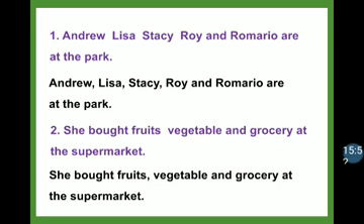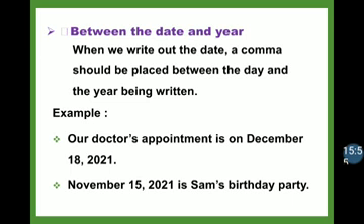Alright, let's move on. Then we're looking at rule number 2. Rule number 2 says, between the date and year. So, when we write out the date, like we normally do in class, a comma should be placed between the day and the year being written.